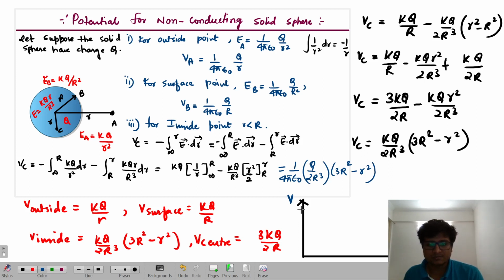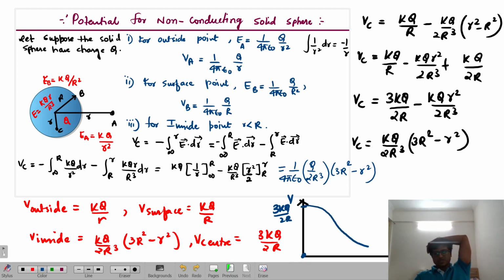And its maximum value, because at infinity it is zero, isn't it? So its maximum value can be only 3KQ by 2R, which is at the center. Are you able to get me? After that, the potential will constantly decrease. So the graph will not be like increasing or decreasing, it will constantly decrease and it will ultimately become zero at infinity. Are you able to get me or not?